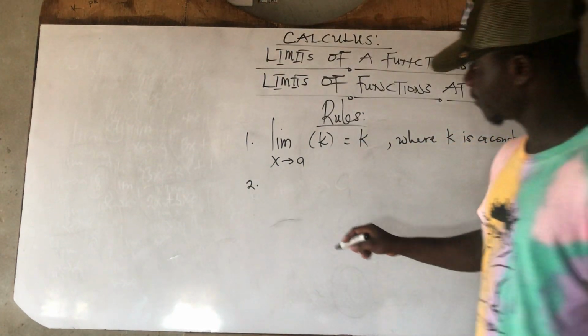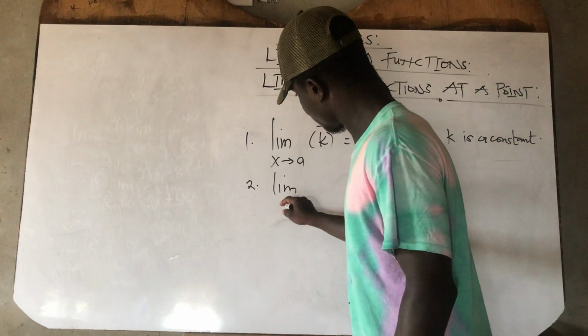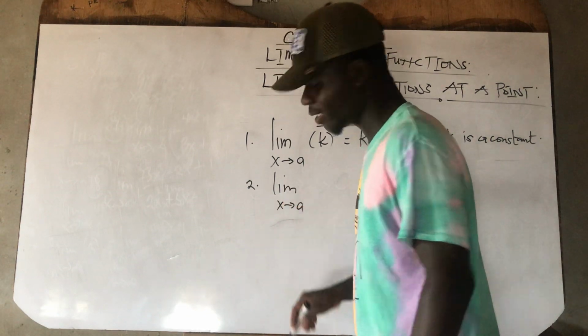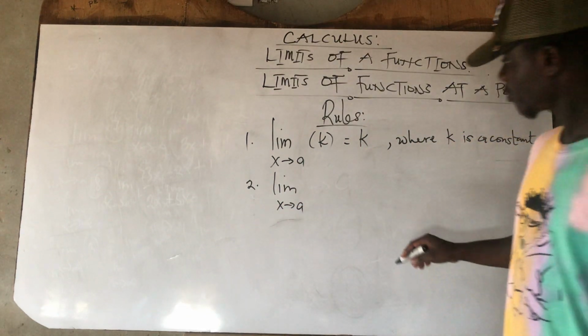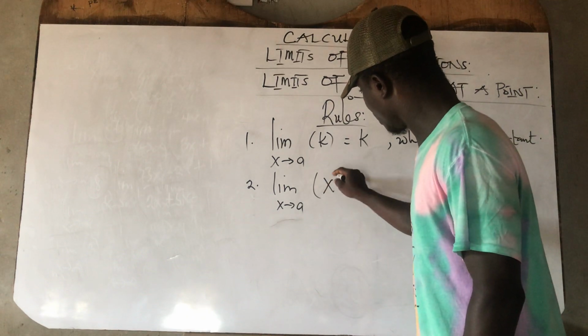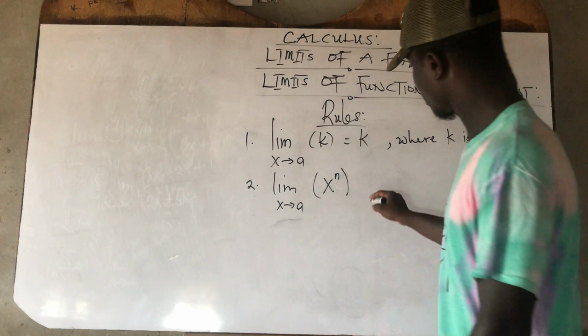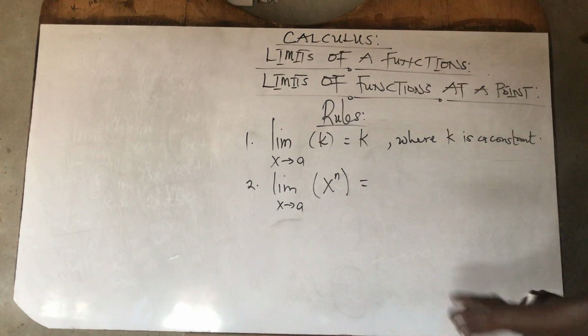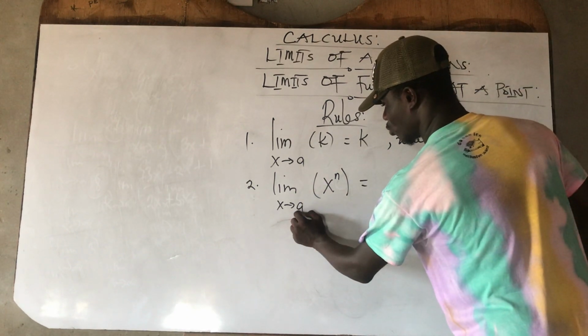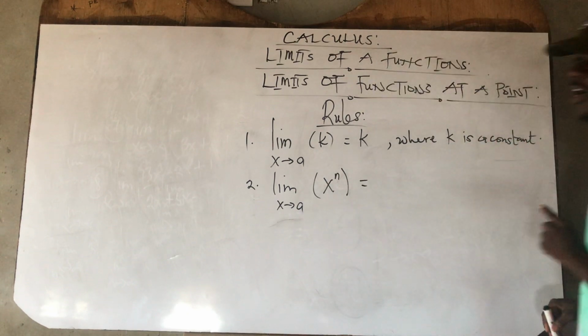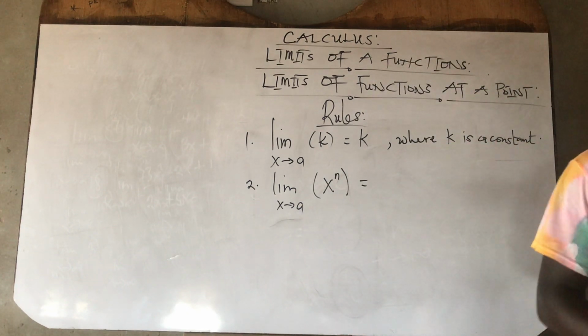The limit as x approaches a of x to the power n should be equal to, now with this, as x is approaching a, we just plug in. Wherever you see x, we just plug in a.